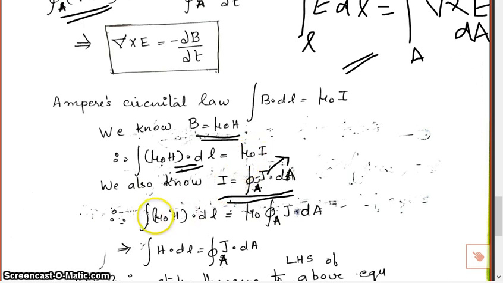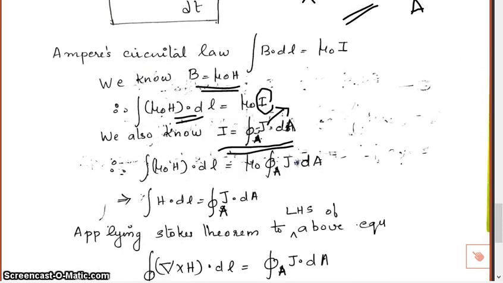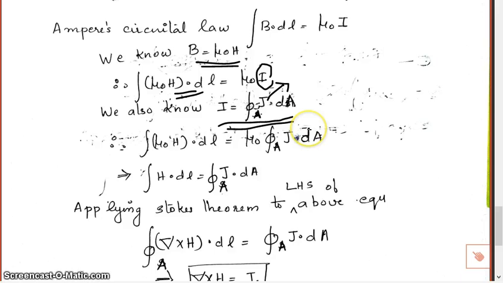So finally I can write integral mu 0 H dot dl is equal to mu 0 into the closed integral of J dA. Mu 0 and mu 0 get cancelled, and I can write integral H dl is equal to integral J dA.